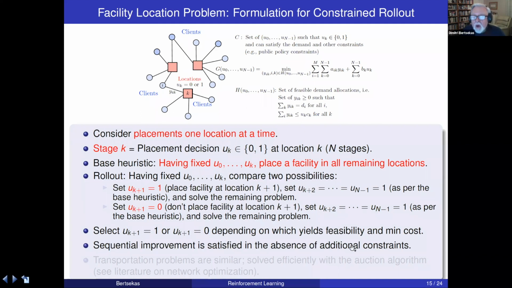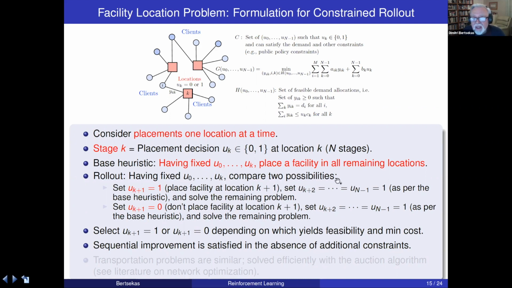And now we note that because of the nature of this base heuristic, sequential improvement is satisfied. The reason is that feasibility is satisfied because of the particular choice of the base heuristic, and also, it's easy to see that the minimum Q factor between these two has to be less than the cost of the base heuristic starting from this location.